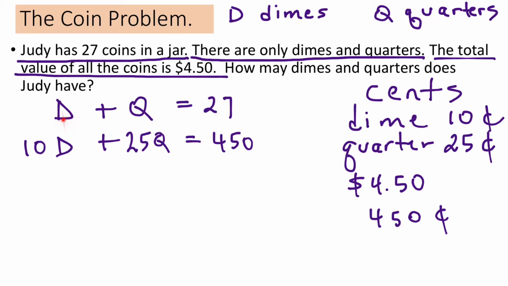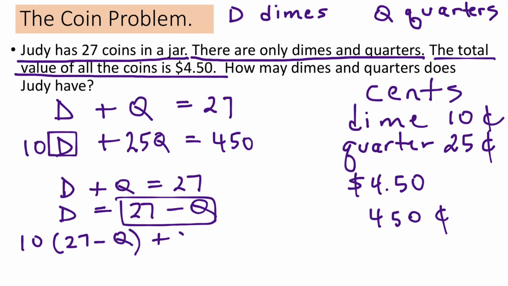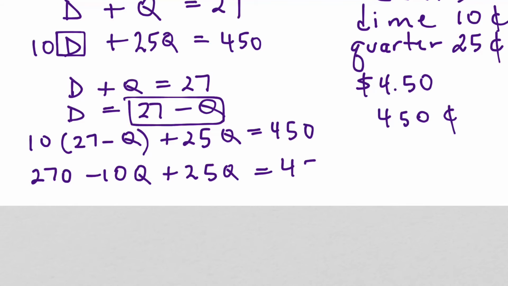Let's solve for D in terms of Q. If D plus Q is equal to 27, then D is equal to 27 minus Q. Then I go to the second equation, and wherever I have a D, I'm going to put in 27 minus Q. So I have 10 times 27 minus Q plus 25Q is equal to 450. 10 times 27 would be 270, minus 10Q, plus 25Q is equal to 450.